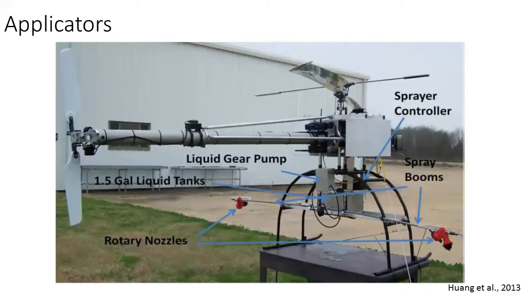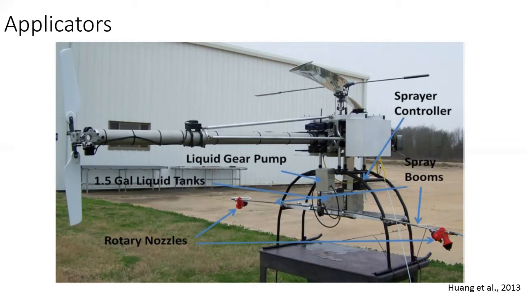Also, some folks are looking at using drones as applicators for herbicides. You can see that this is a larger type of drone. In a lot of cases, since you've got all the water that's associated with the herbicide, that's going to weigh more, and so you're going to need a bigger drone to carry all that payload.